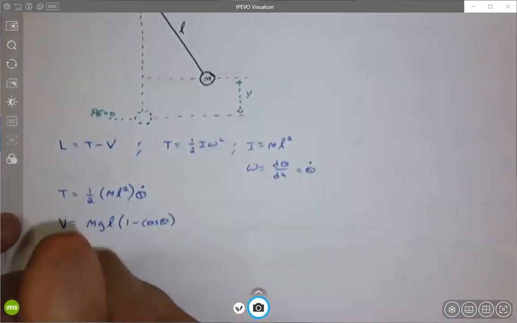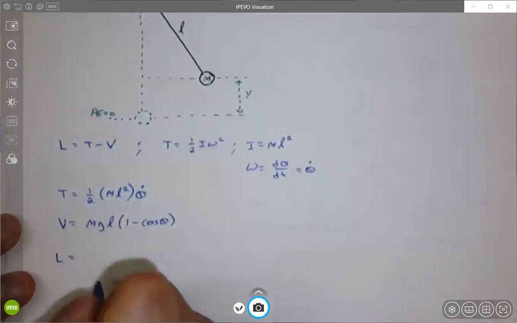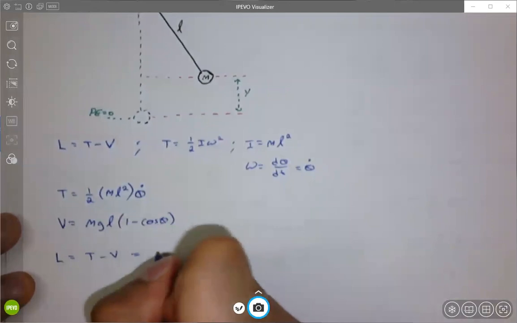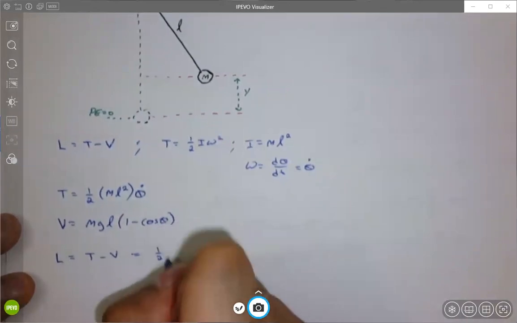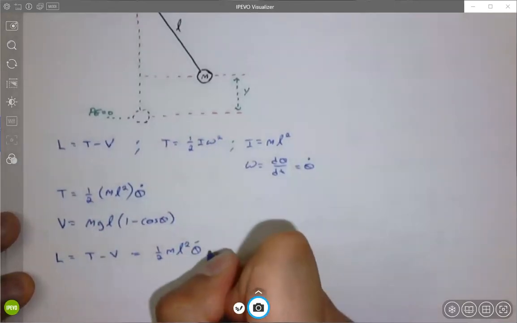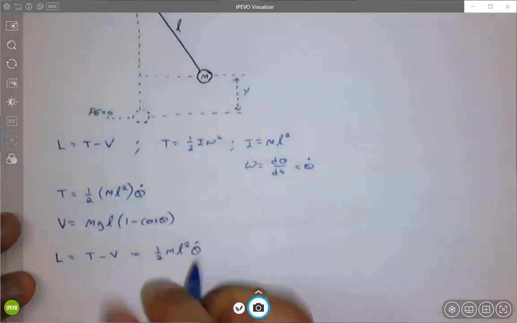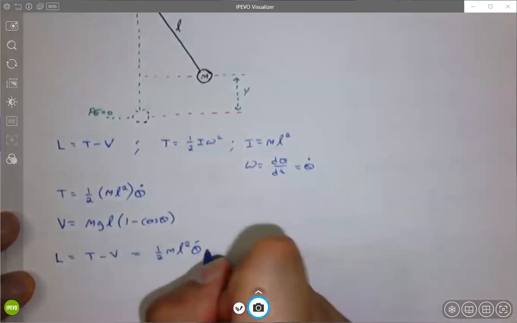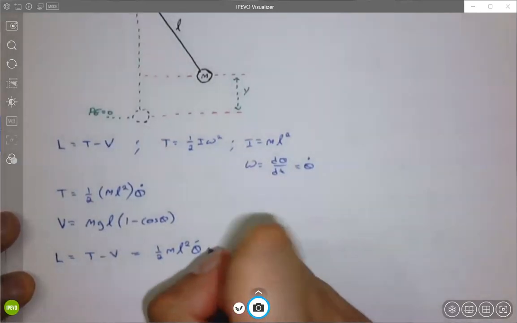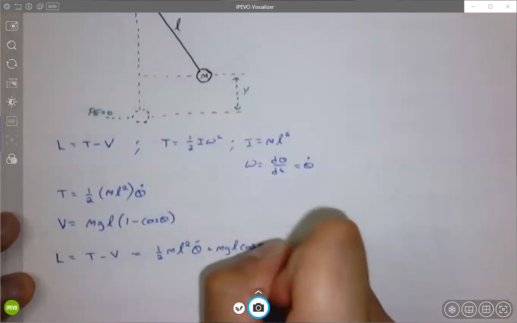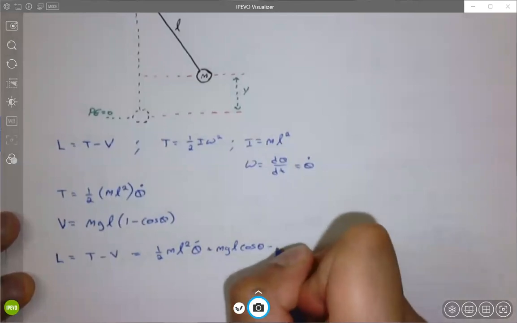The Lagrangian simply states that L is equal to the kinetic minus the potential, and that's just going to be 1/2 ml squared theta dot squared minus this term right here. So we'll just flip the signs here. It'll be plus mgl cosine theta minus mgl.